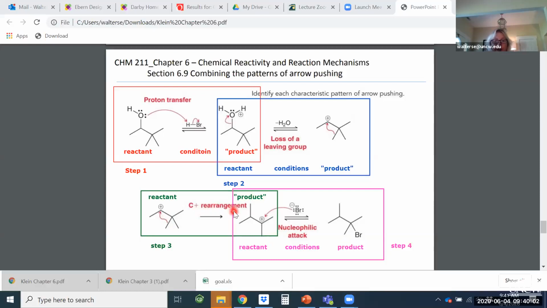So that's your carbocation rearrangement. In the last step, you have a species with lone pairs and a negative charge attacking a positive charged carbon, nucleophilic attack, and you make your product. So you would have to be able to list these words: proton transfer, loss of the leaving group, carbocation rearrangement, nucleophilic attack.